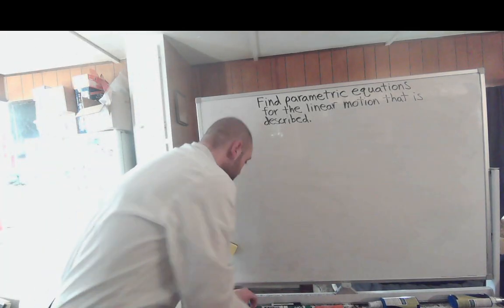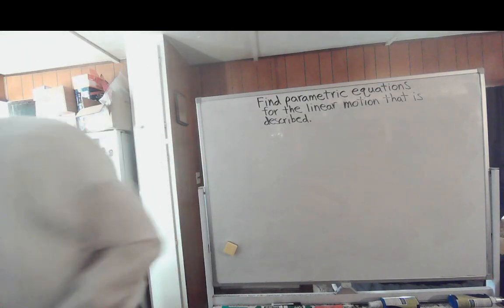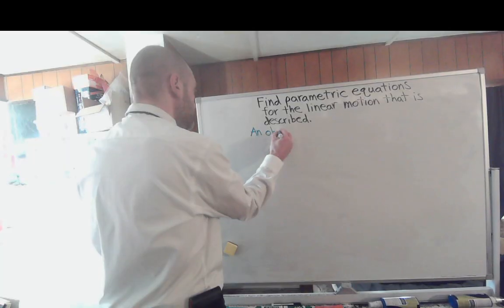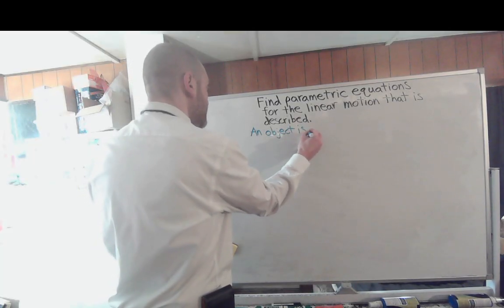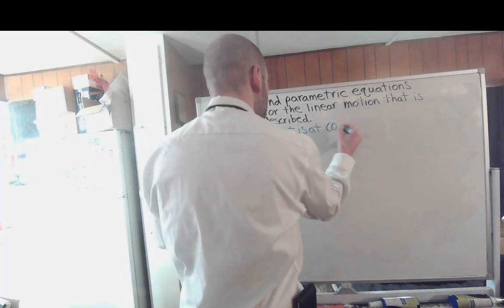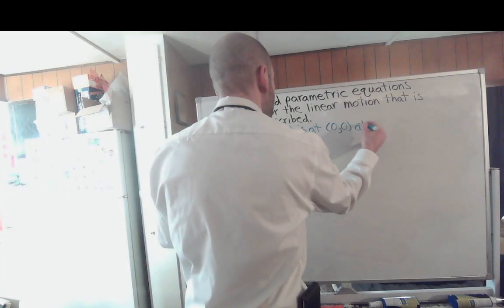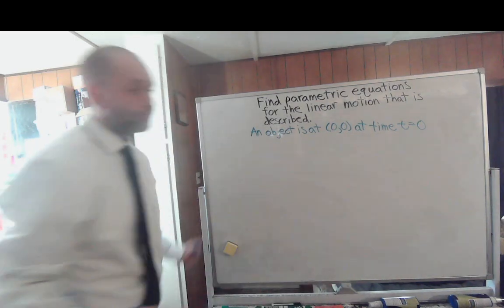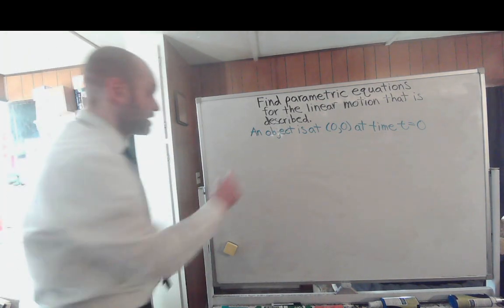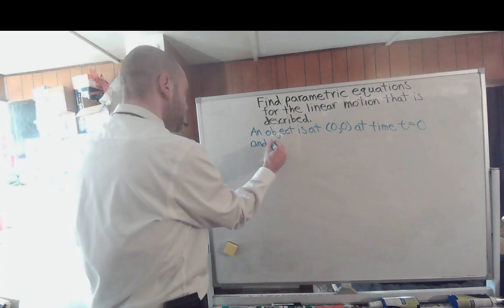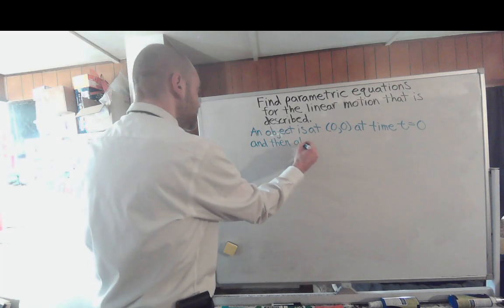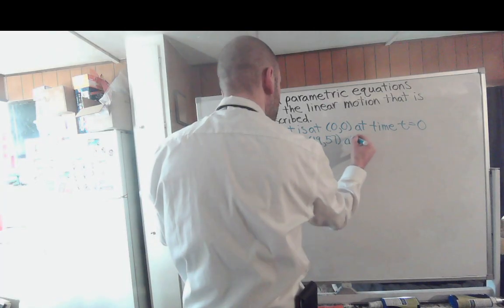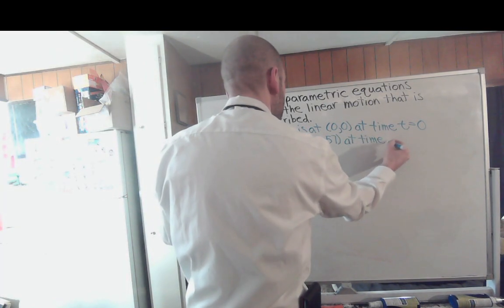So in this case, you're going to have an object at 0, 0 at time t equals 0, and then at 19, 57 at time t equals 3.